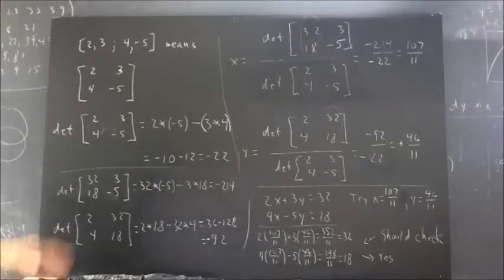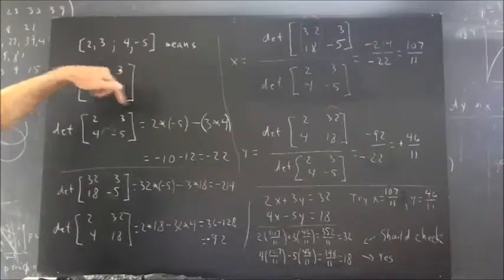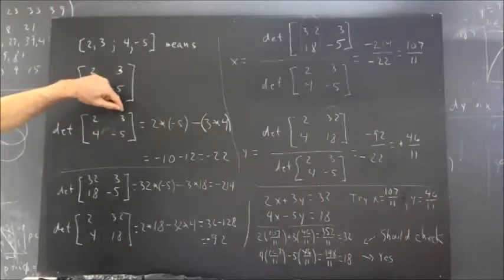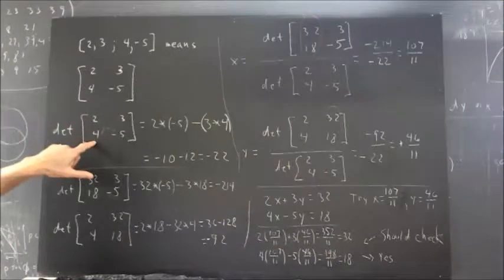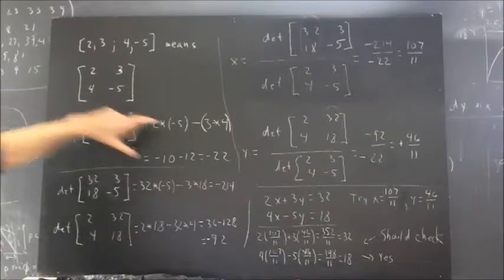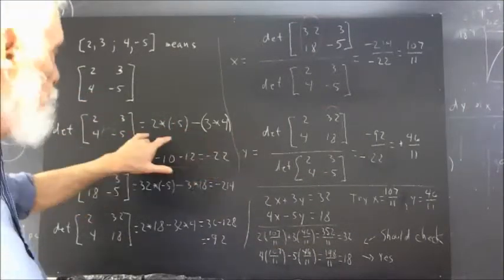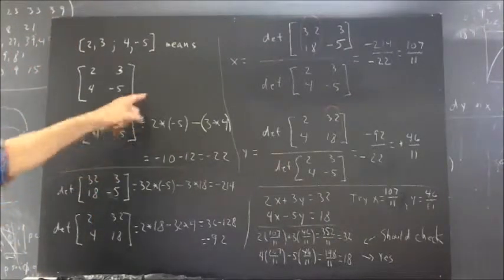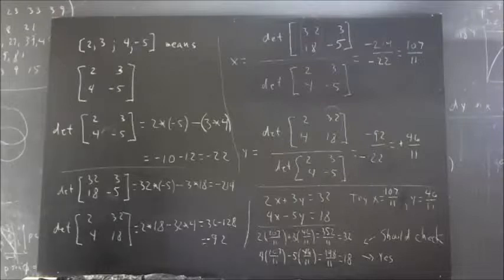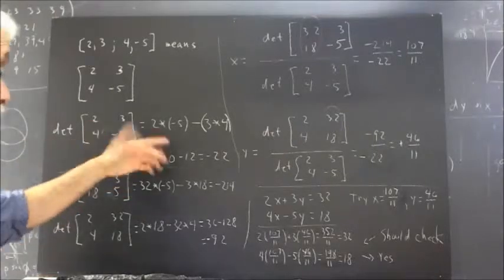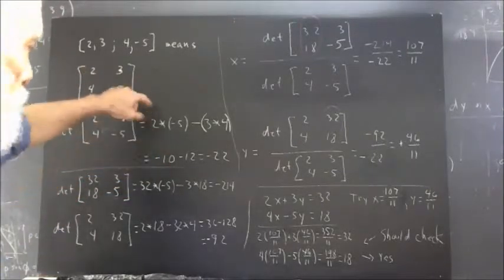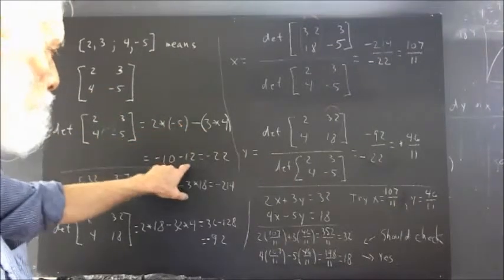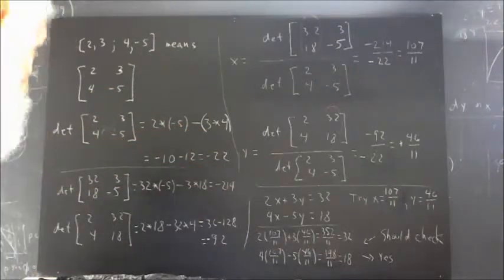And then we multiply the numbers on the other diagonal, the first row, second column number by the second row, first column number, and we subtract that from the product of the first diagonal. So it's this diagonal minus this diagonal. And the arithmetic, even I won't screw this up that often, 2 times negative 5 is negative 10, 3 times 4 is 12, we subtract that, we get negative 22.